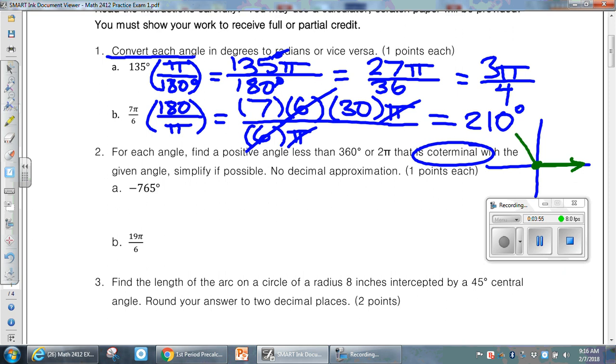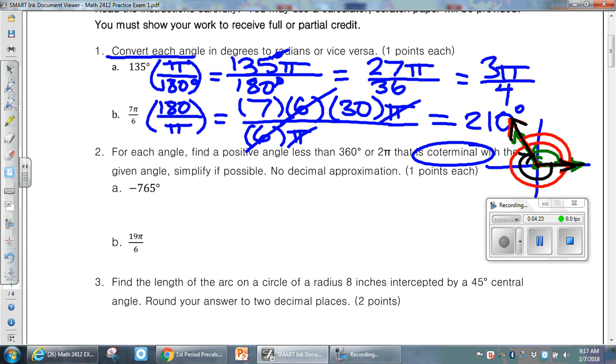So it could be an angle that goes in the positive direction, or an angle that goes one turn more and ends there. It could also be a negative angle going in the other direction. All of those are coterminal because they have the same terminal side.